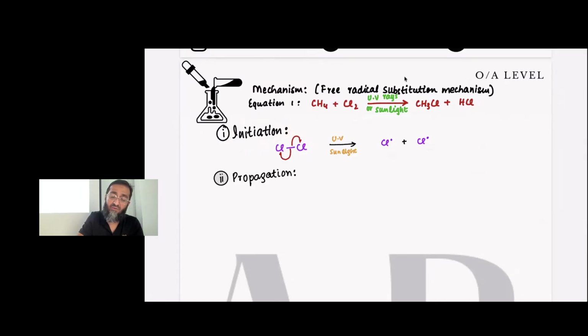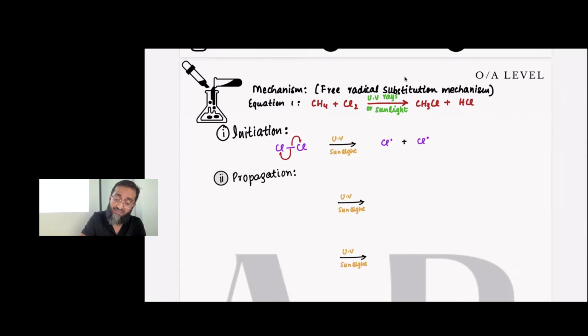As you look at the equation, we have one reactant that is a halogen and the other reactant is an organic compound, which is right now methane. These chlorine radicals interact with methane, and as a result, they turn methane into a radical. There are two stages of propagation.